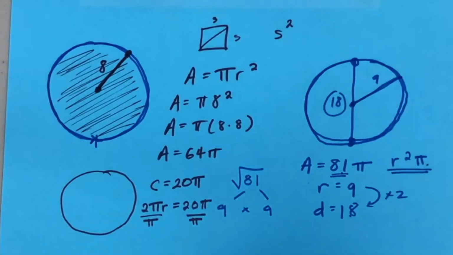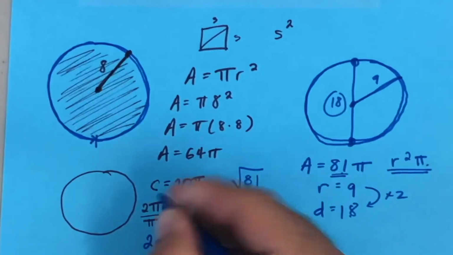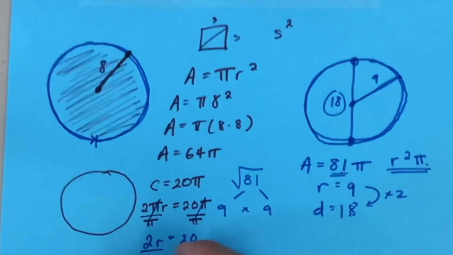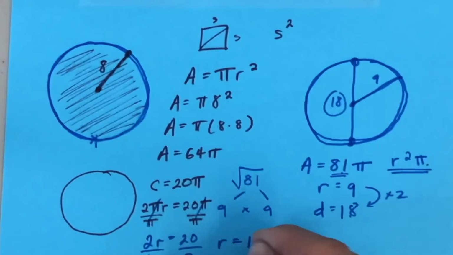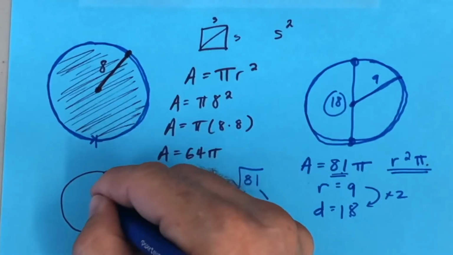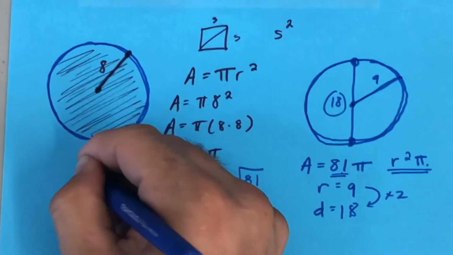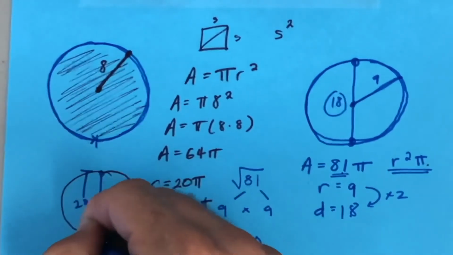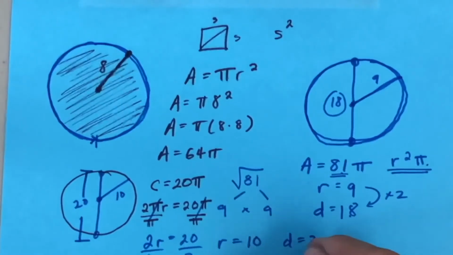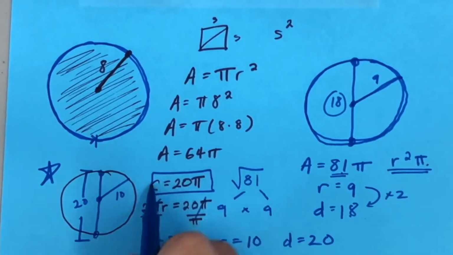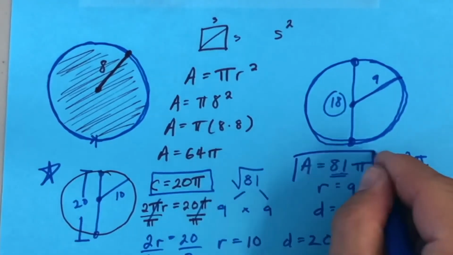The pi's cancel out, and I get 2r equals 20. Divide by 2, and my radius is 10. And by getting my radius, I can always get my diameter just by multiplying by 2, to get a diameter of 20. So here's a good fun example of when they give you a circumference or an area.